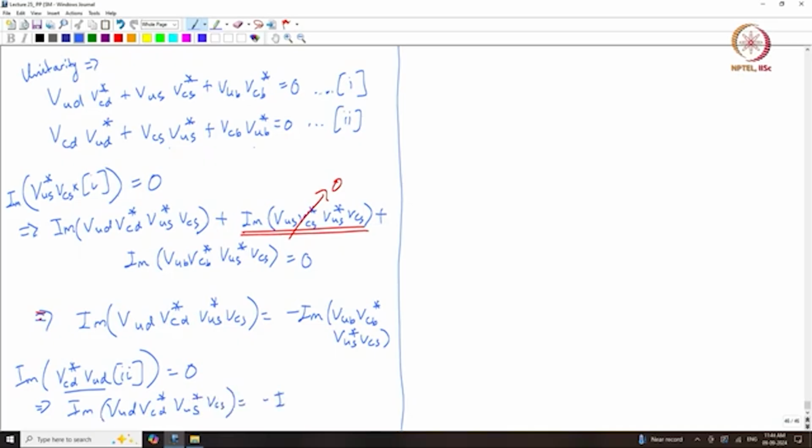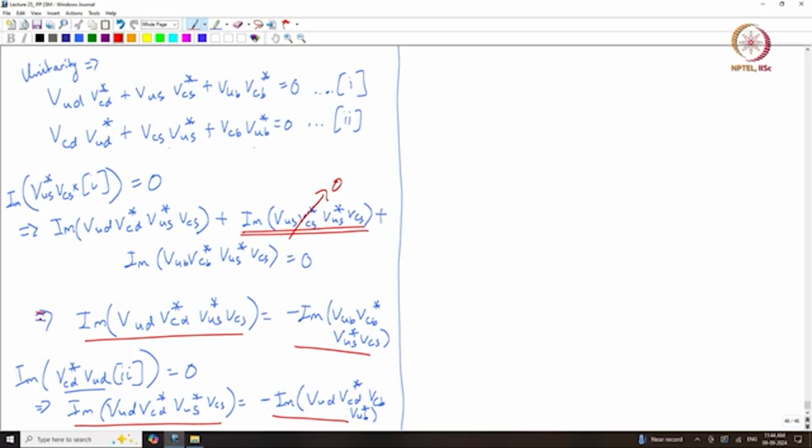the imaginary part of that is minus the imaginary part of VUD, VCD star, VCB, VUB star. This is yet another unitarity triangle. We have this which is the same as this and we have already equated it to 2 other combinations.